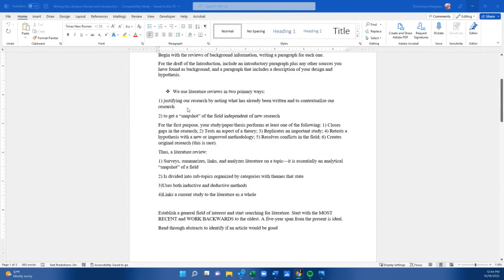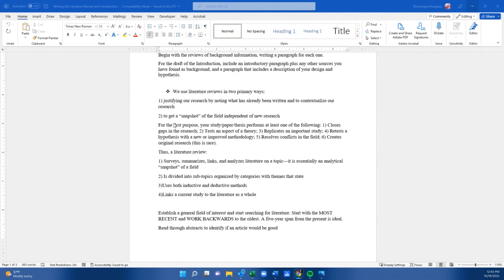The lit review is actually used in a couple of different ways. First of all, the lit review gives your readers a conceptual background for what your topic is. Whenever you're writing on a research topic, or conducting an experiment or some kind of empirical research, you have to assume that your readers don't know anything about your topic.